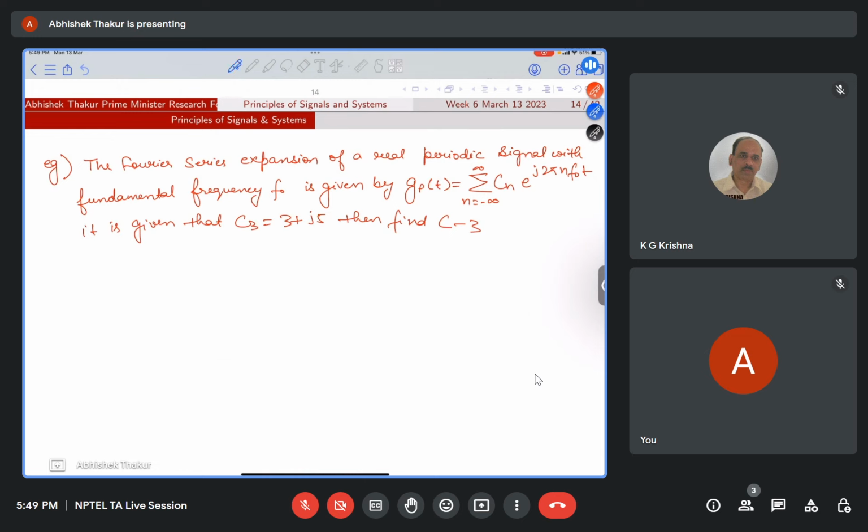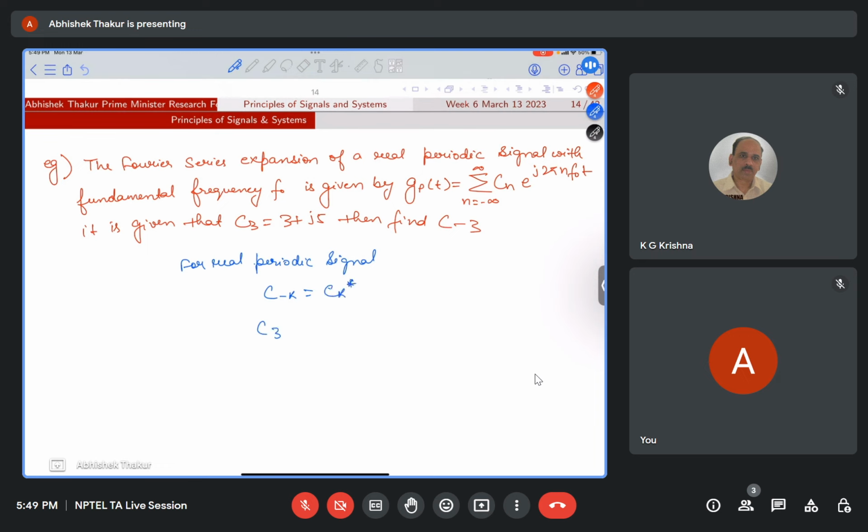So the signal is a real periodic signal. We know that for a real periodic signal, as taught in the lecture in NPTEL, C of minus k is equal to Ck conjugate.